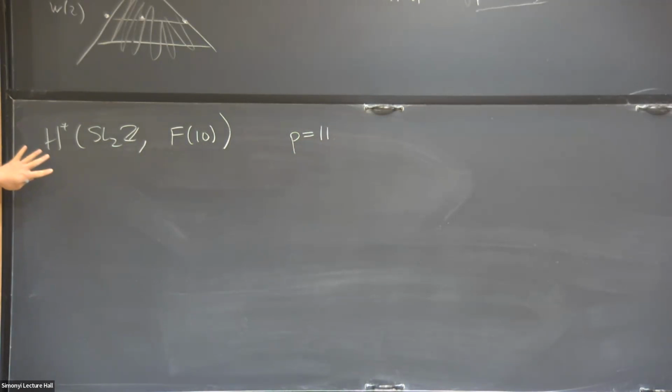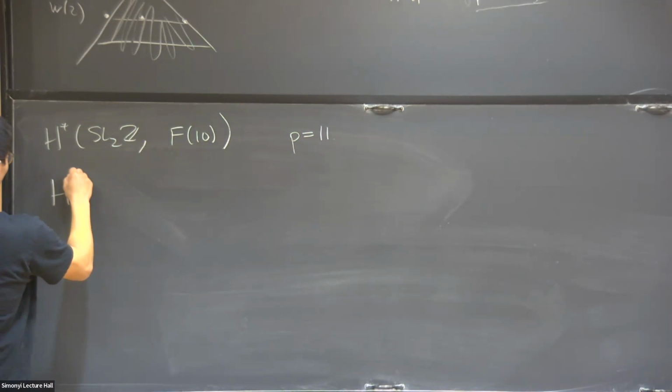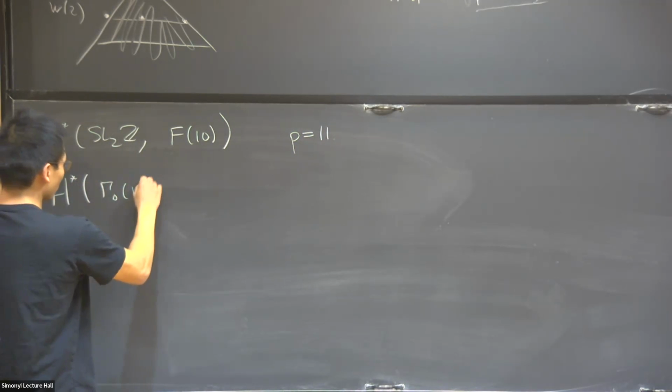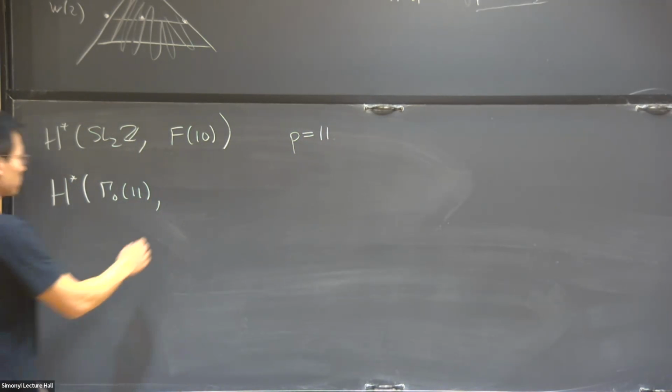The delta function came from this cohomology group, whereas the other modular form on this board up here came from the homology of Gamma_0(11) with coefficients in, weight 2, so Sym^0, the trivial coefficients.